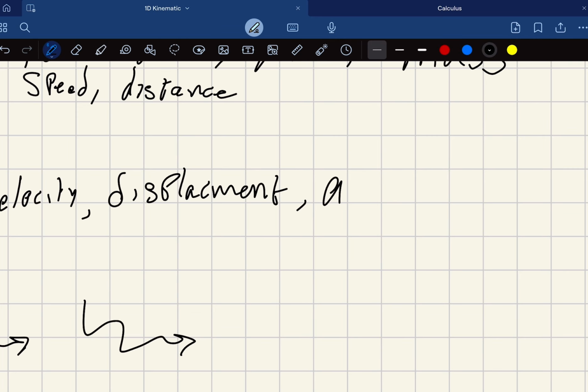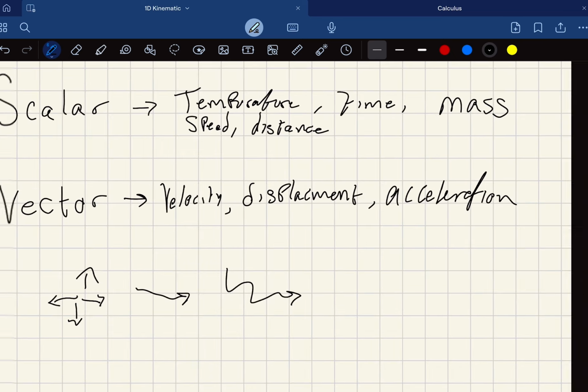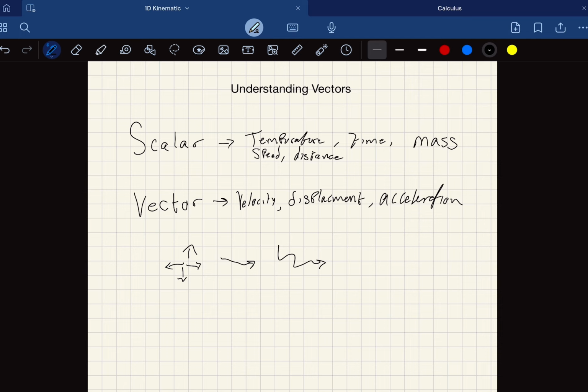Acceleration would be a vector. Force would be a vector, but we haven't covered that yet. There are a lot of vectors and scalars in physics. Physics is very large, there's a lot to learn. So today, for most of our problems, we will be using velocity and displacement.